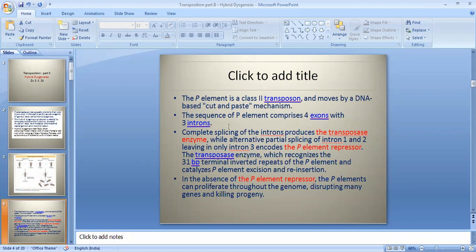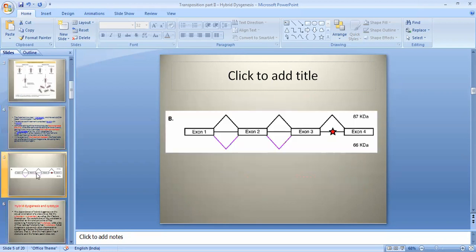If you look at the P element at molecular level, you will find that it comprises 4 exons and 3 introns. So the gene of this transposon contains 4 exons, and in between 3 introns.